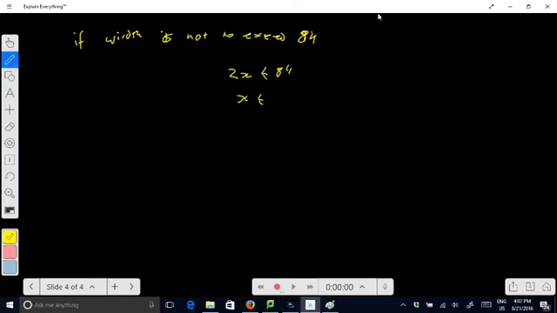So x has to be less than or equal to 42. With the restriction, the domain of the area function is going to be between 0 and 42. Again, can't have negative area or length.